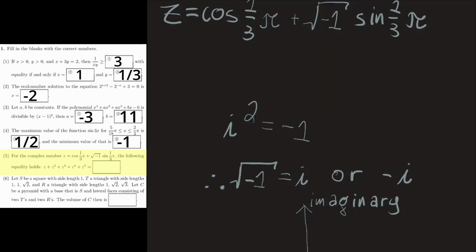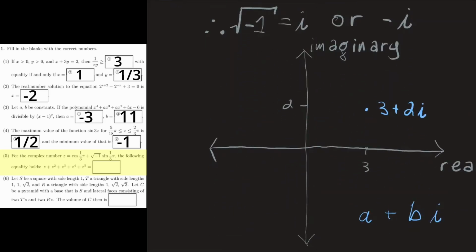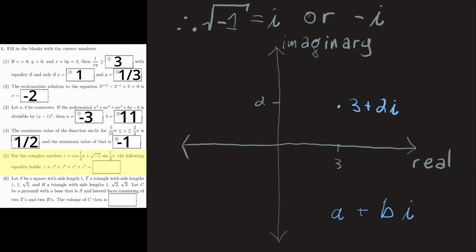So what is an imaginary number really? Well, let's look at a Cartesian grid, which I'm sure you're very familiar with. However, instead of the axes being x and y, we have real and imaginary. Real is just the normal numbers that we're all familiar with, and imaginary is this new special part. So in general, a complex number has a real and an imaginary part.